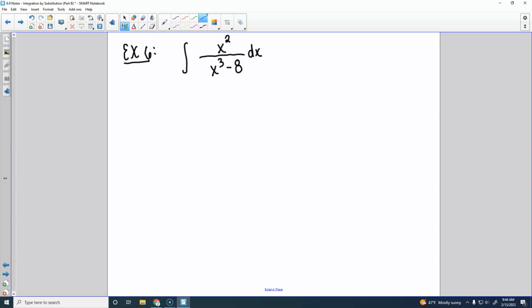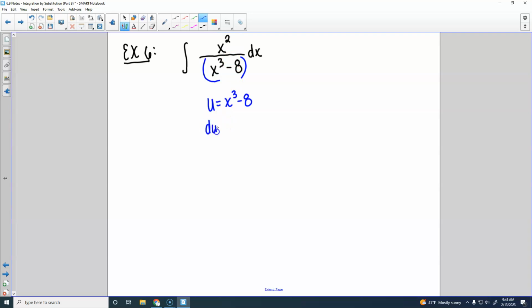So you want to include as much as you can, as long as it's not going to give you something in your derivative that you don't have there. So the u, I'm going to do x cubed minus 8. And you'll find in a lot of these problems that the denominator is a very good thing to use for your u a lot of times. Not always, but a lot of times.